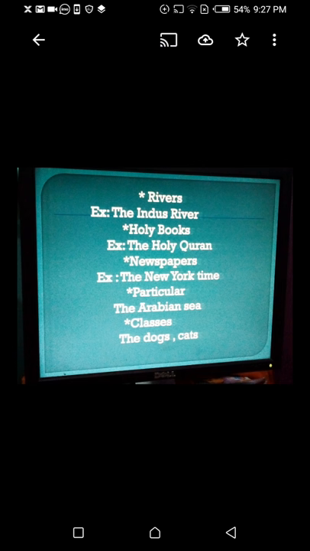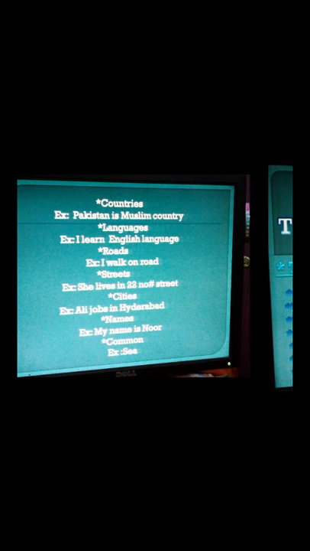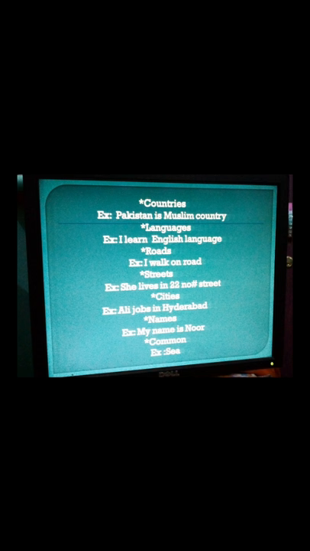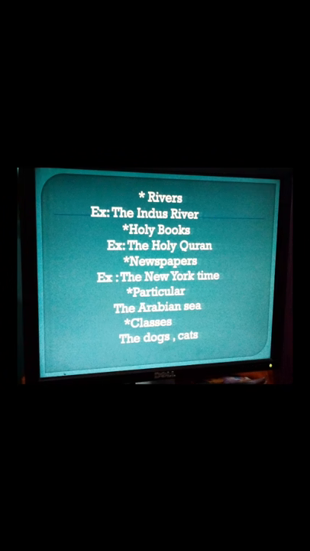Particular, like I said before, sea. I did not use the here, but I said a particular thing, the Arabian sea, so here I use the. Classes: if I talk about one dog or one cat, I will not use the, but for collections of animals, more than one, like dogs, cats, I have to use the dogs, the cats.